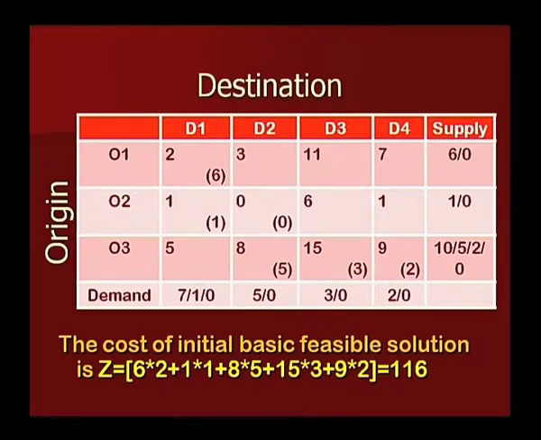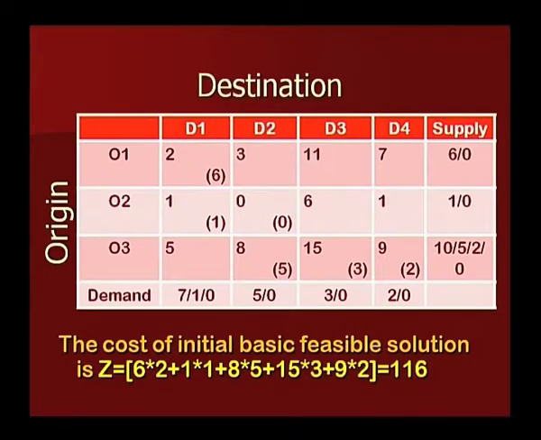In this column, we put 0 here, since simultaneously the second row is exhausted. So we come to the third row and we enter 5 in the cell D2O3, then 3 to the cell D3O3 and 2 to the cell D4O3.